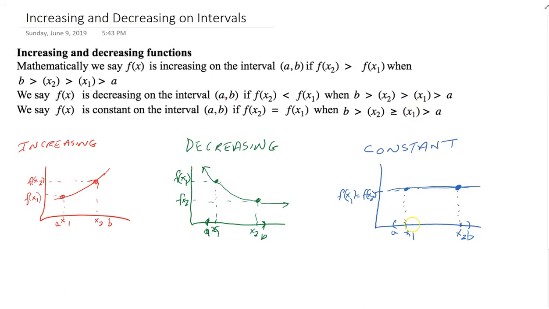So it really doesn't matter which one is to the left or right in terms of x sub 2 and x sub 1, as long as f of x sub 1 is equal to f of x sub 2, we say we have a constant function, or f of x is constant on that interval.